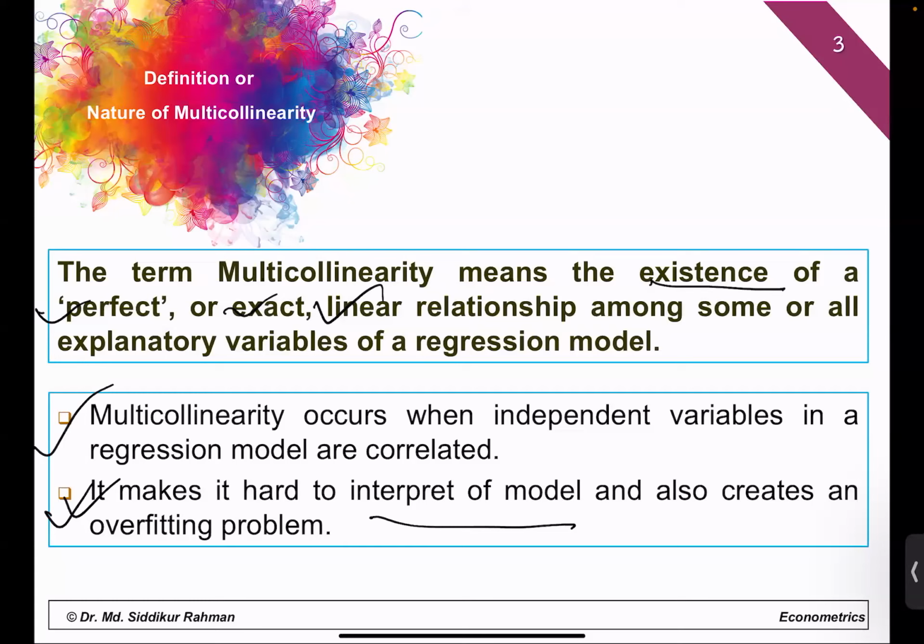There are many problems when you are going to estimate your model, like the overfitting problem or the underfitting problem, right? When you have a multicollinearity problem in your data sets, one common problem is overfitting. Overfitting is like a sudden peak in your data set.